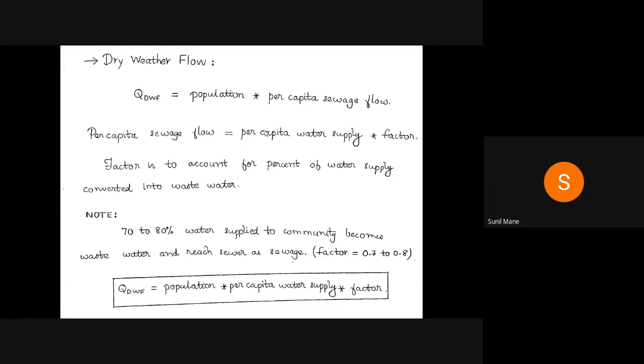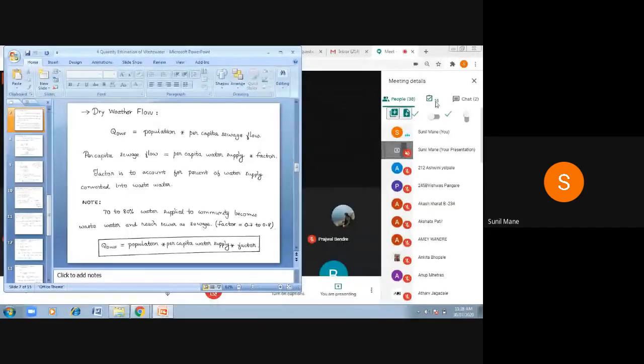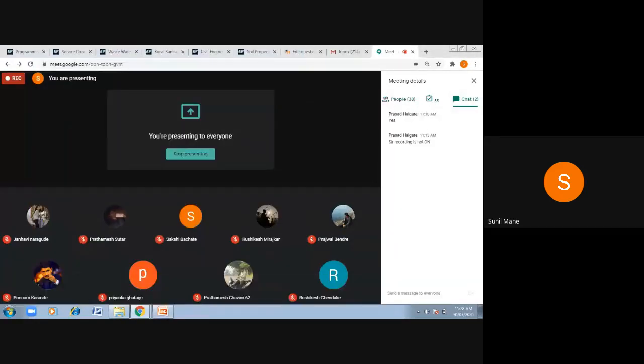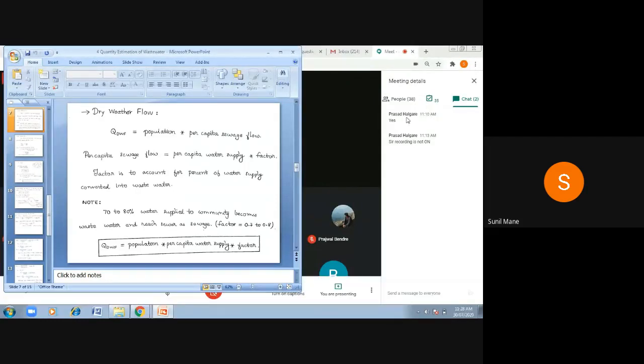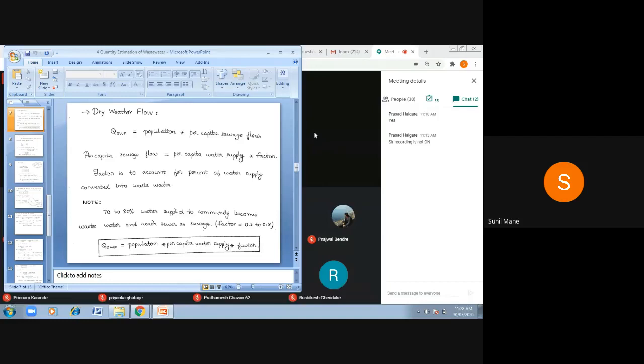In case of water supply, I would like to have the answer from your side. What is the per capita water supply in our area? Do you have any knowledge regarding this? We have gone for environmental engineering, so you should know about the per capita water supply, even as a civil engineer.